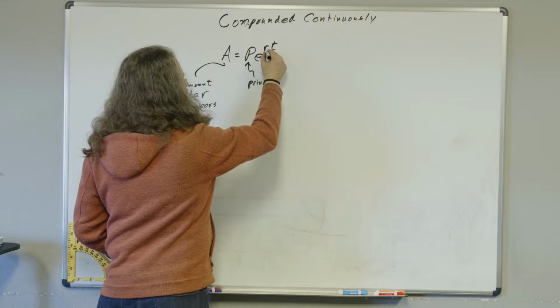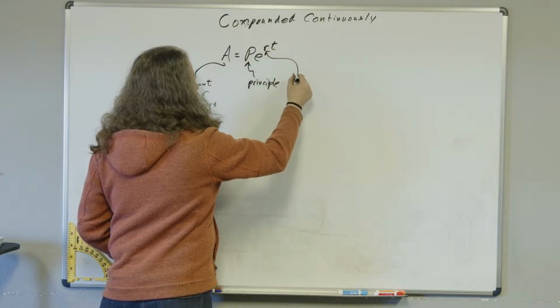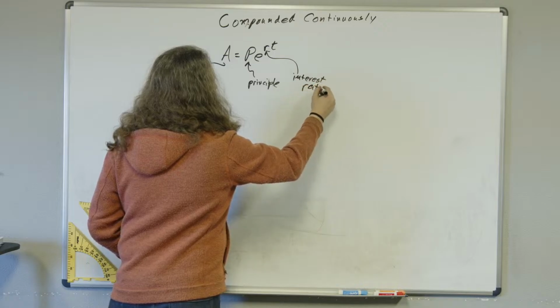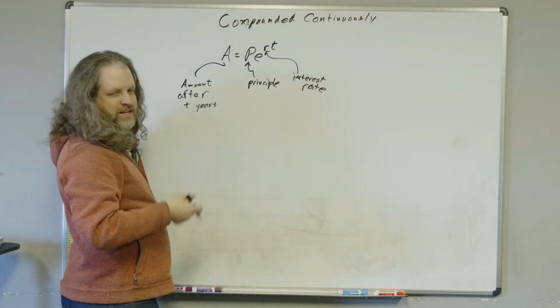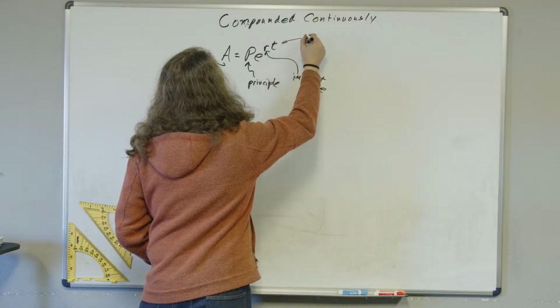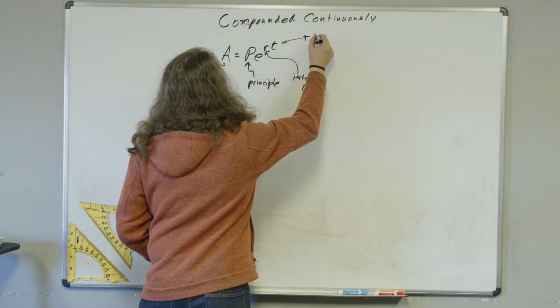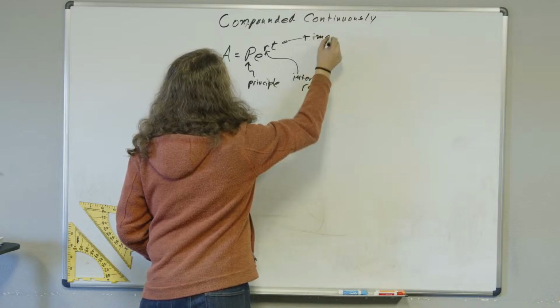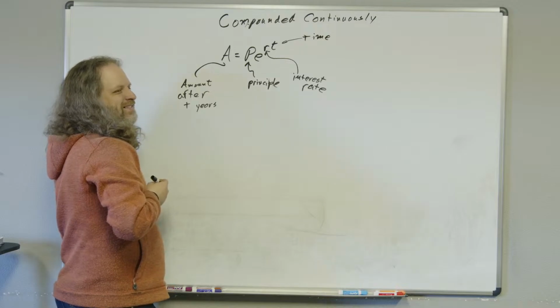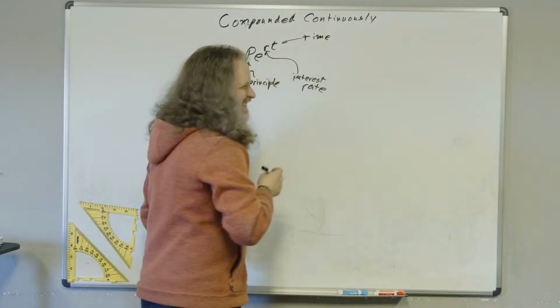What's R? Interest rate. And t is what? Time in years. Great. Time in years or time and? Think about the English sentence you're saying and think about which one it would be in years.